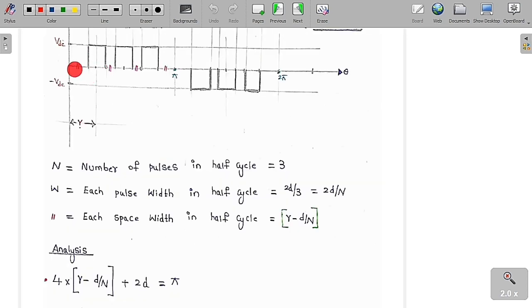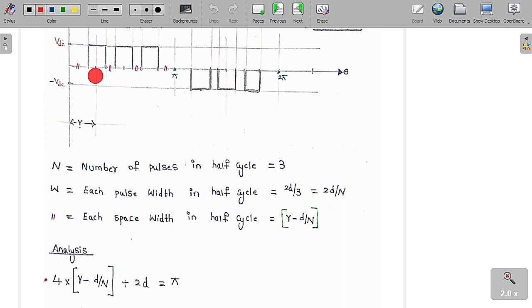So each and every distance is equal. So this distance is equal in a given half cycle. So this is the equal distance, this is also equal distance, and this is also equal distance, and this is also equal distance. So each space width in half cycle is equal to, see, I want to find what this length is, each space width in the given half cycle.